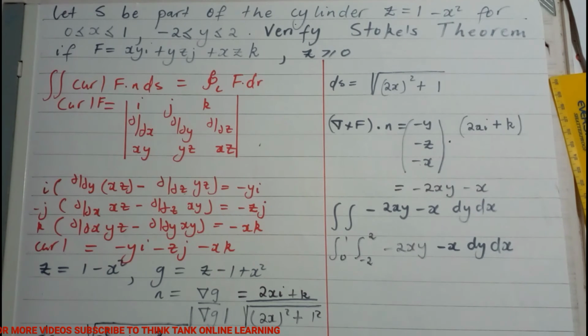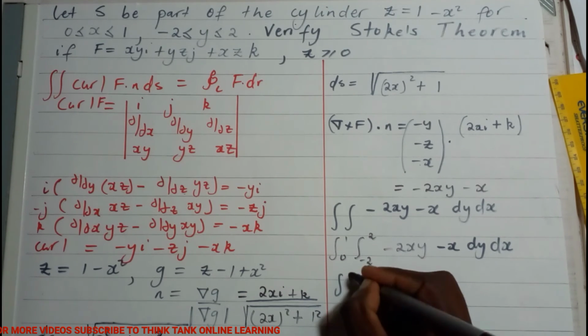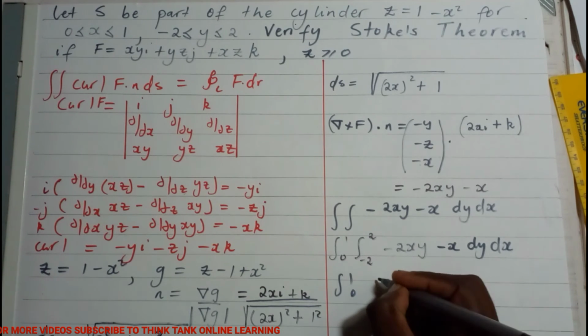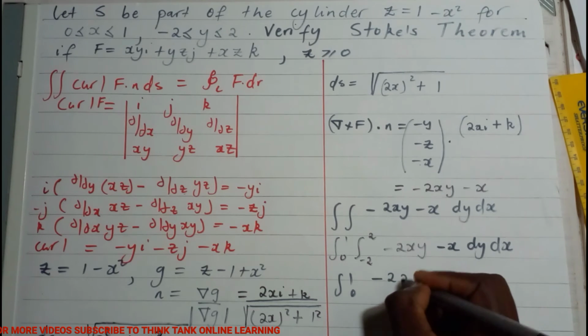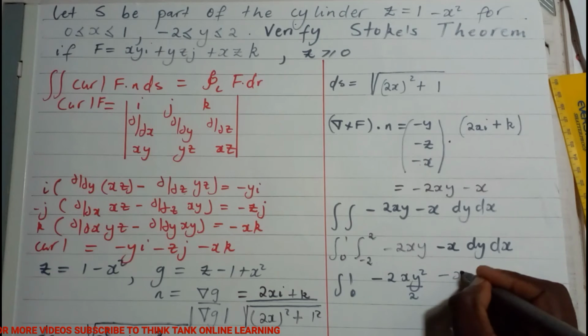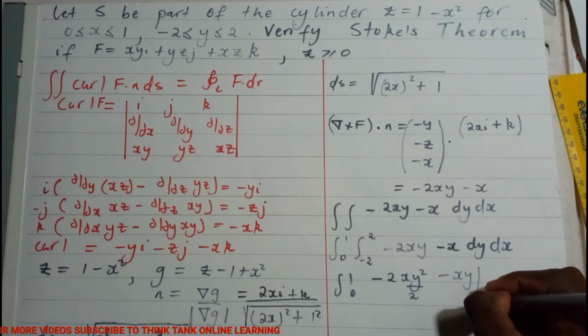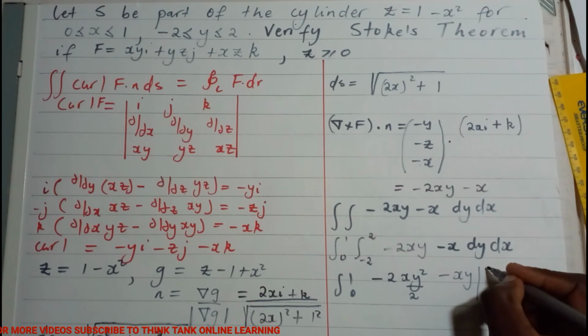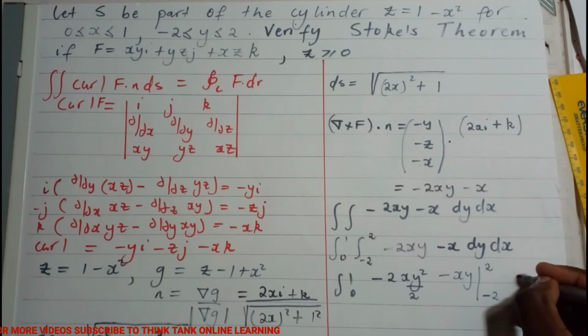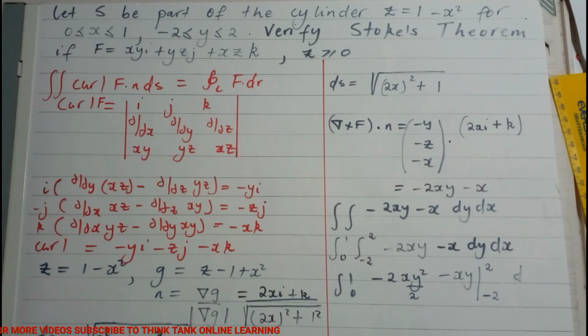So let's integrate with respect to y first. So we're going to get the integral from 0 to 1. Okay, so if we integrate negative 2xy, we're going to treat x as a constant. So it's the same as saying negative 2xy to the power 2 over the new power 2 minus xy, and our limits are 2 and negative 2, dx.